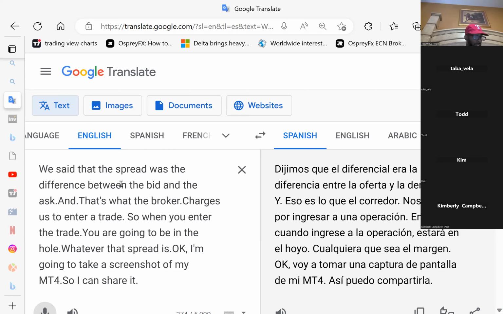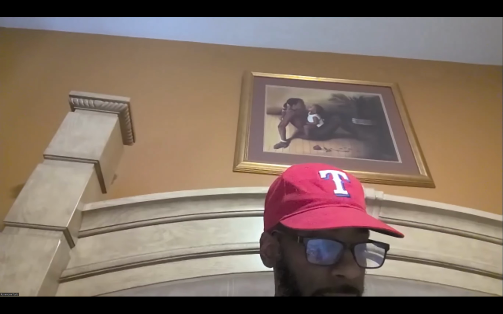This spread will allow you as the trader to decide whether or not you want to enter a trade idea based on how much it's going to cost you to enter this trade idea. All right, let me get this on my screen.